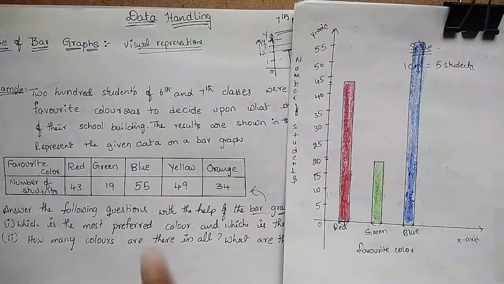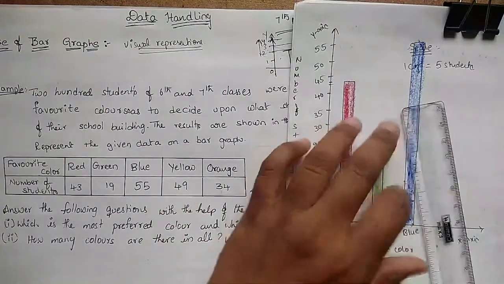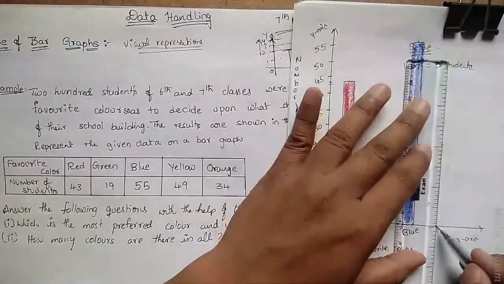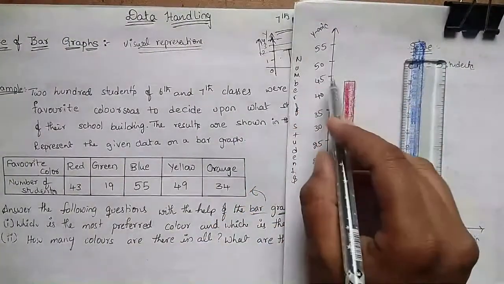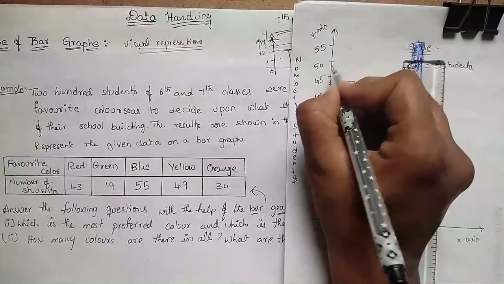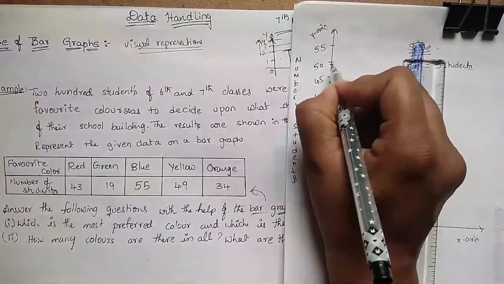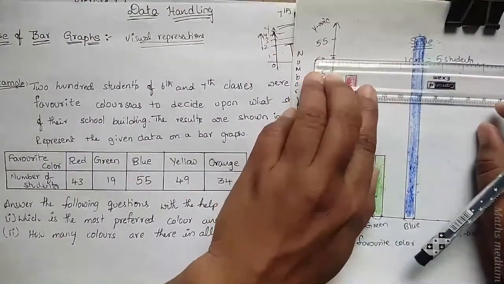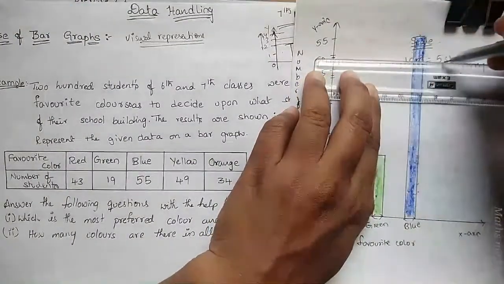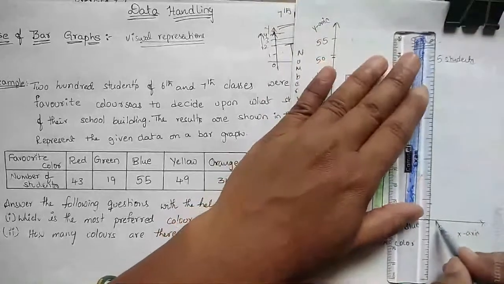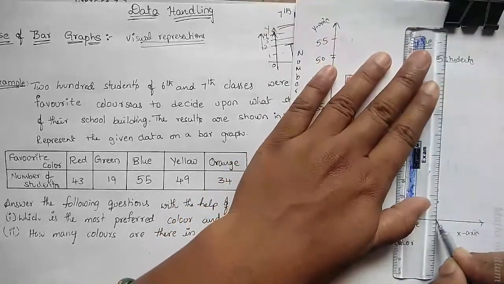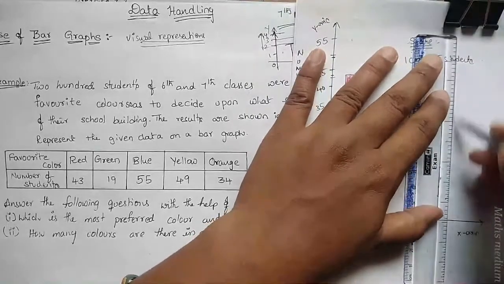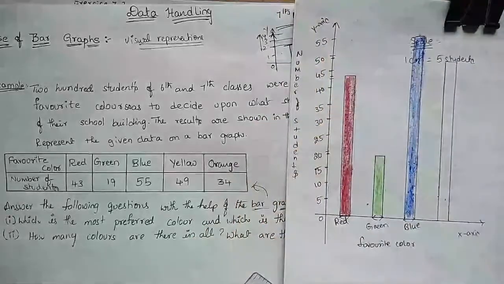Next, coming to the yellow, 49. So the next marked place is this. So 49. So this was 40, 45, 50. 55 is just more than that. So 49 is this. I am taking it like this because this is the highest. So like this, just put a mark for visualization purposes, and without any confusion we can draw the bar graph easily like this.